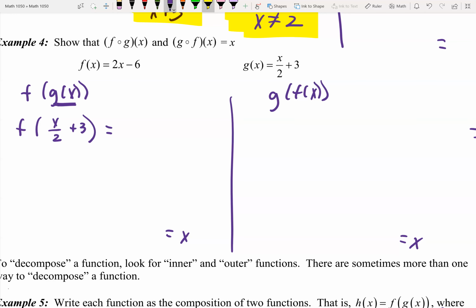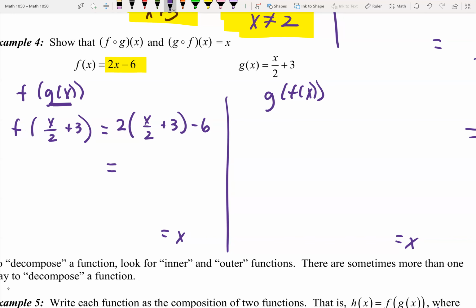Now go into this yellow f of x, and where I see an x, put in x over 2 plus 3. So I go 2 parenthesis, x over 2 plus 3 minus 6. Some people think that that is adequate work, and then they say, yay, there's my answer, and that is false, okay? You have to show another step.